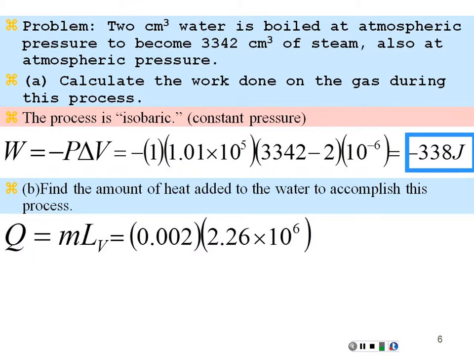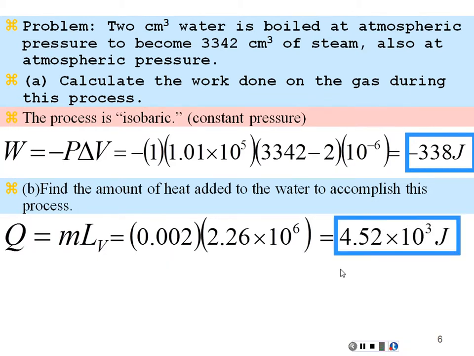So that's going to be 0.002 kilograms of water times the latent heat of vaporization for water, 2.26 times 10 to the 6, which gives us 4.52 times 10 to the 3 joules. So the Q added to the system to make this happen is 4.52 times 10 to the 3 joules.